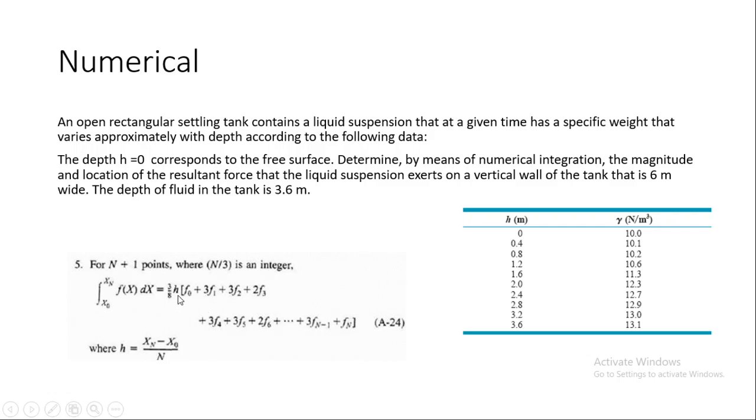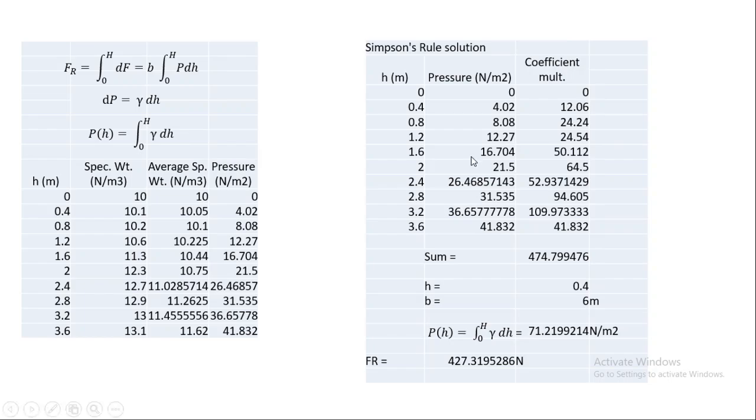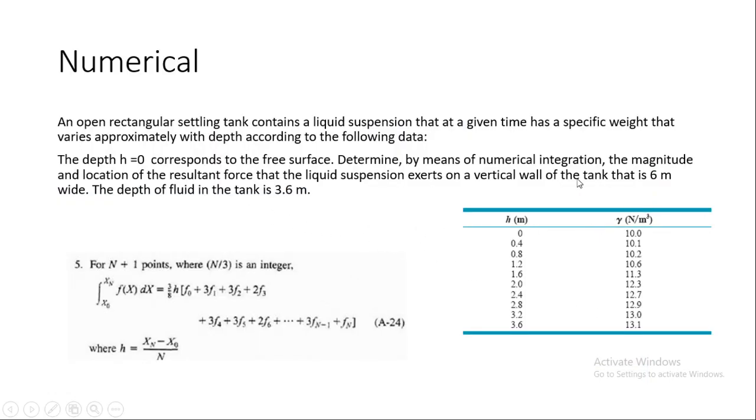I need to determine the value of h, and the h value is equal to xn minus x naught divided by n, and n is equal to 9, as we have discussed previously. So we calculate h as 0.4, and we know the width is 6, as described here: the vertical wall of the tank is 6 meters wide.